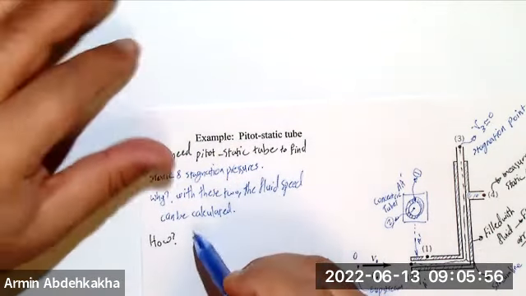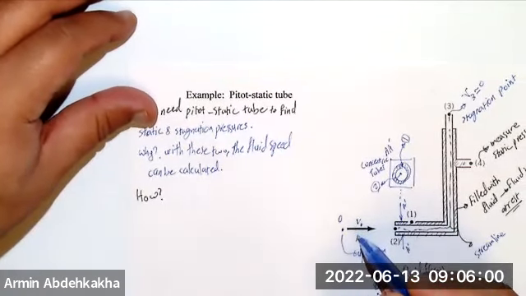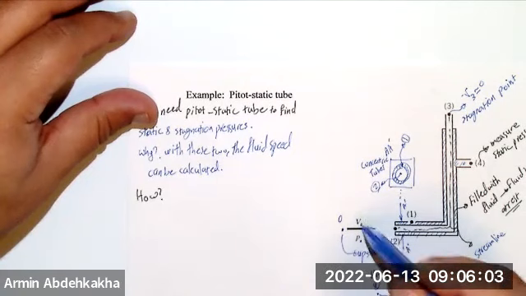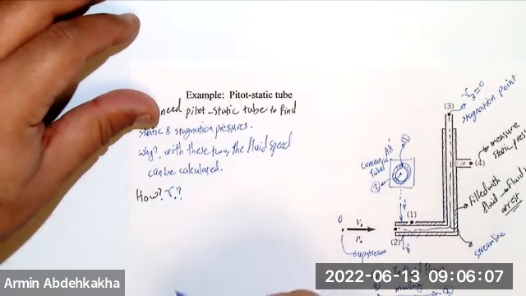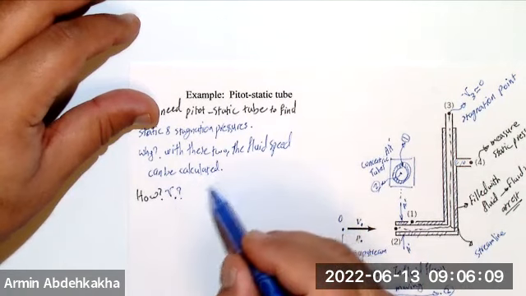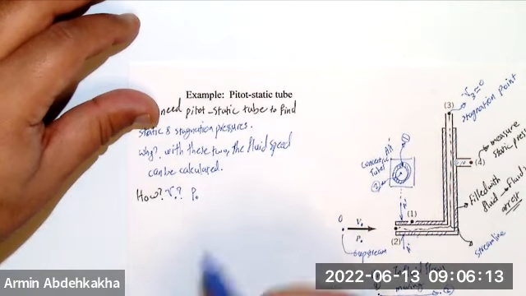In the upstream flow, the velocity that we are going to calculate is the flow velocity, right? That's going to be V. So we are going to find the velocity at point 0. At point 0, we also have P0, which is the static pressure at point 0, and Z0.